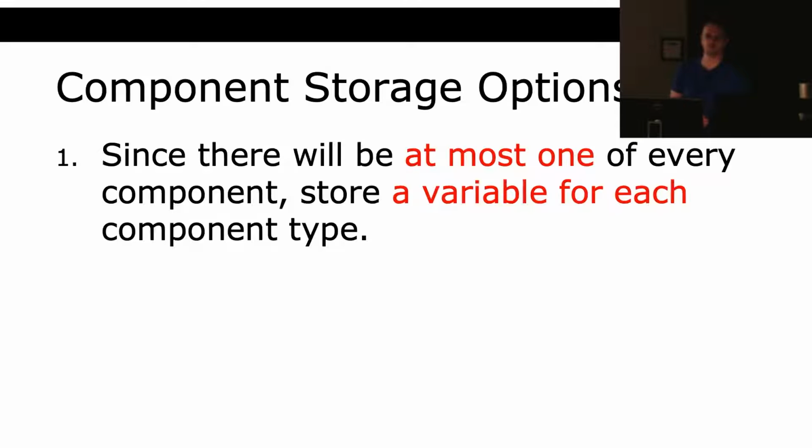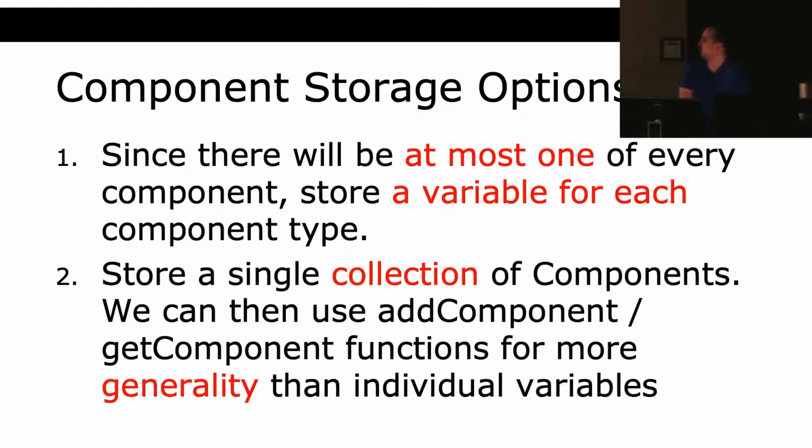If I have 10 different types of components, then have 10 different variables in the entity class. That could work. We'll see that in a sec. Or, if we don't want to explicitly have one variable for each component type, we could store a single collection of components. This is a more generic, more abstract way. And then we could use functions on the entity class, like add component or get component, for more generality rather than having to know exactly what the variables are.